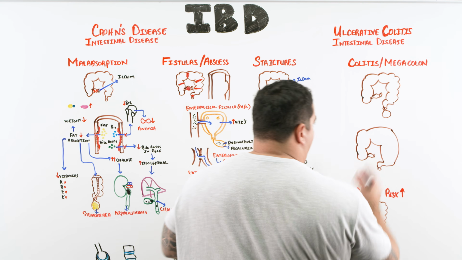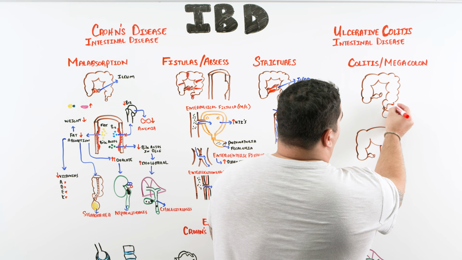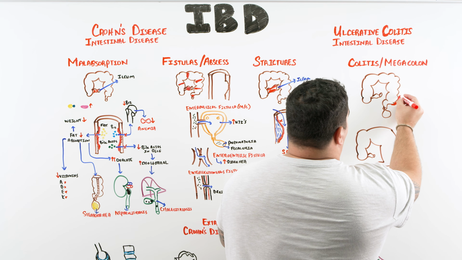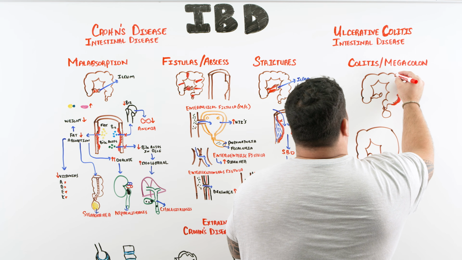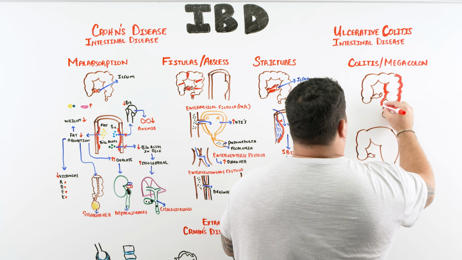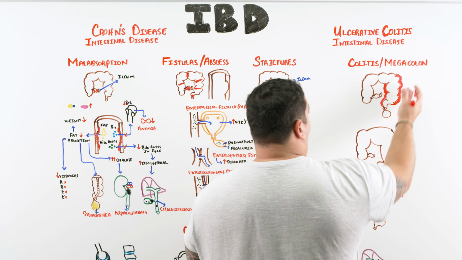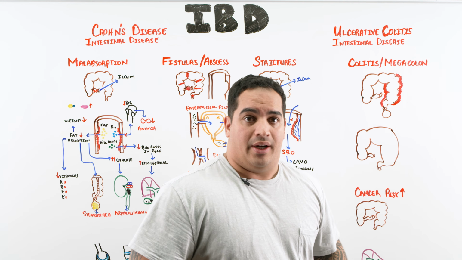And that's colitis and megacolon. I've told you before, usually this always starts at the rectum, and it'll continue to spread contiguously throughout the actual colon. It goes rectum, sigmoid, descending colon, and then it may work up into the transverse. So it'll cause massive inflammation here.